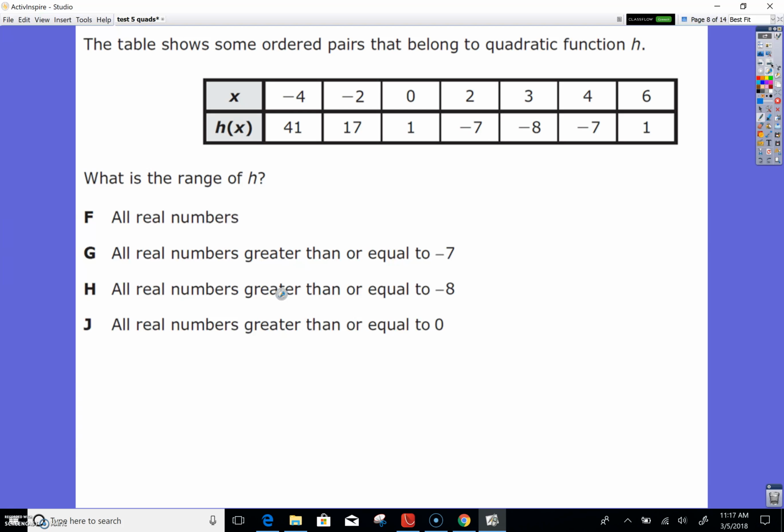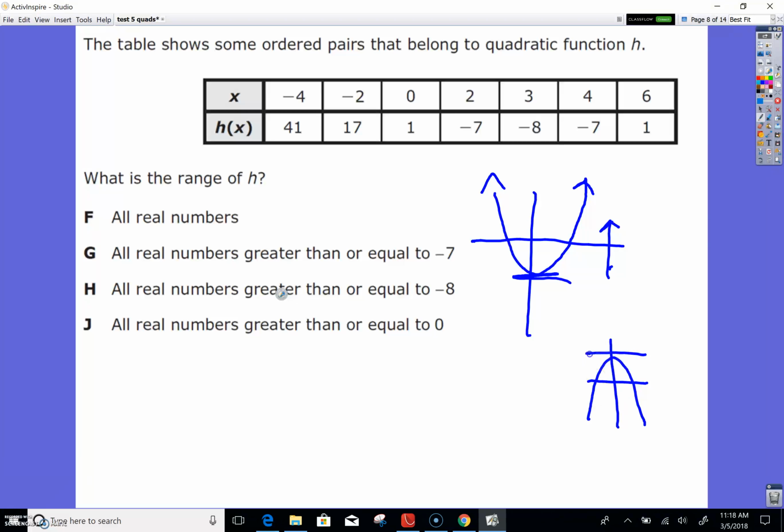The table shows some ordered pairs that belong to a quadratic function. What is the range? Remember, the range is your y, okay? It's either like this, up, or like this, down, okay? We have to see what this graph is doing. So negative 4, 41 is way up here. Negative 2, 17.